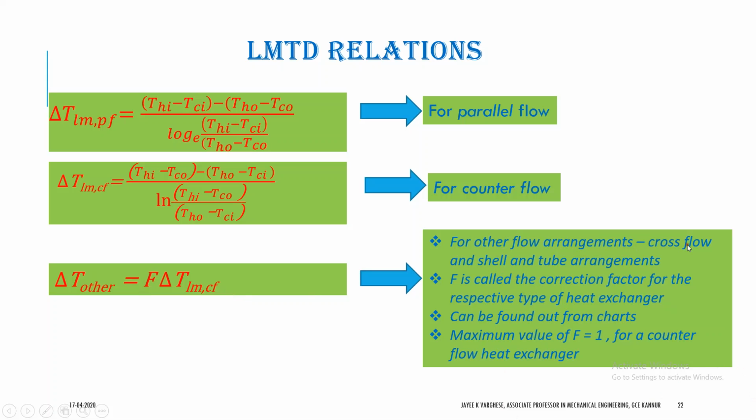So for other flow arrangements, cross flow and shell and tube heat exchangers, F is called the correction factor for the respective type of heat exchanger, which can be found from charts. The maximum value of the correction factor is that for the counterflow, equal to 1.